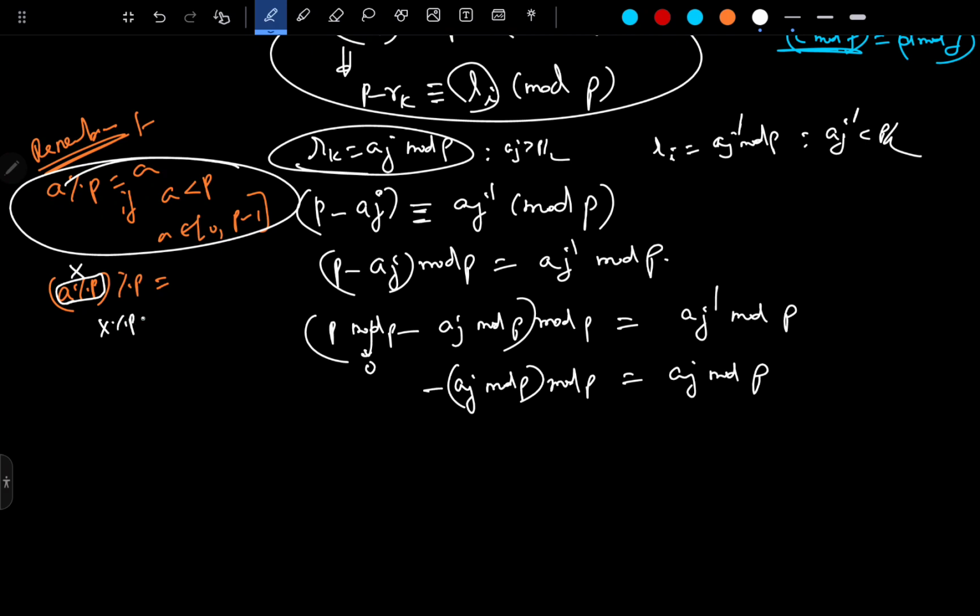So x mod P: since x is a remainder, A mod P always belongs to 0 to P minus 1. So x belongs to 0 to P minus 1, and x mod P will be x. This should not be dragged out; these are small things you need to understand by yourself.